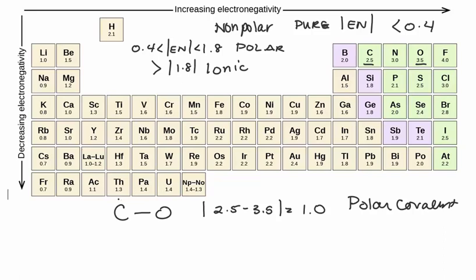And this dipole moment is simply an arrow that points to the more electronegative atom. We have this little crosshatch area here on the electropositive atom. For contrast, if I show you something like calcium and oxygen, the difference in electronegativity there, 1.0 for calcium and oxygen is 3.5. The absolute value of that difference is 2.5, and that lands us in the ionic territory.